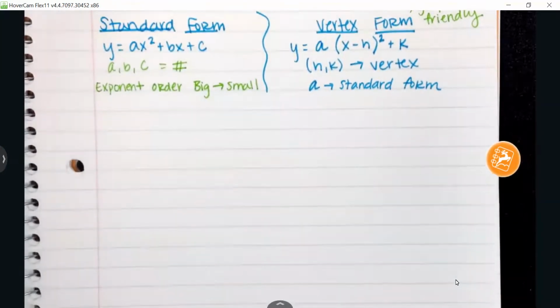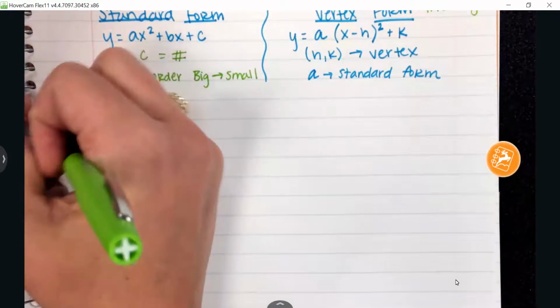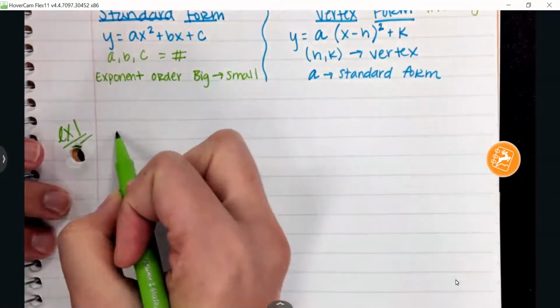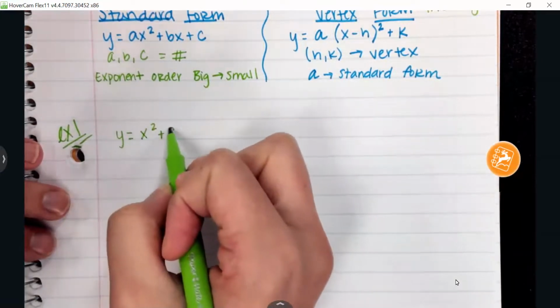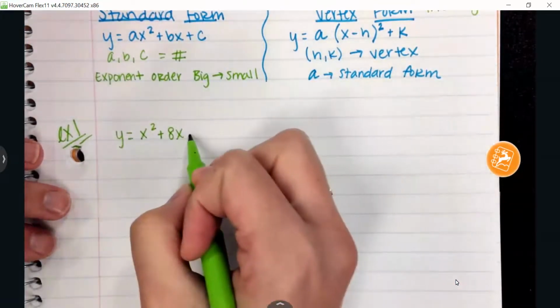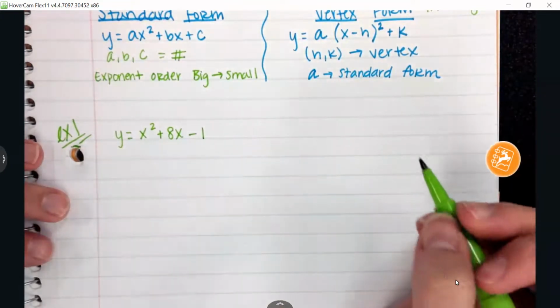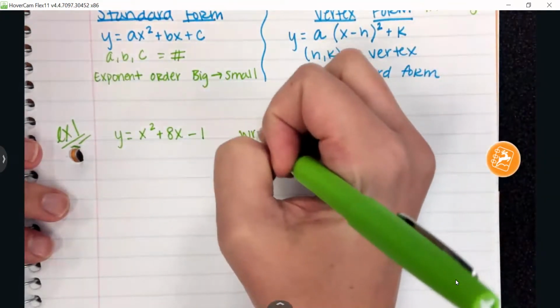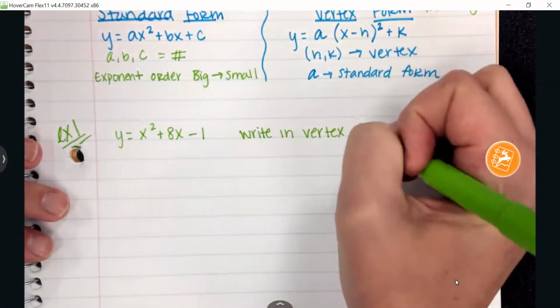Okay, we're gonna try and get through 3 examples. So let's go to example number 1. I'm gonna give you an equation, y equals x squared plus 8x minus 1. And if I had to guess, your directions would probably say write in vertex form.